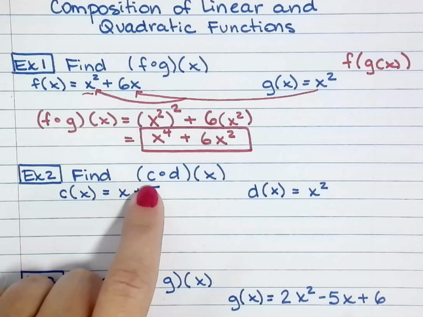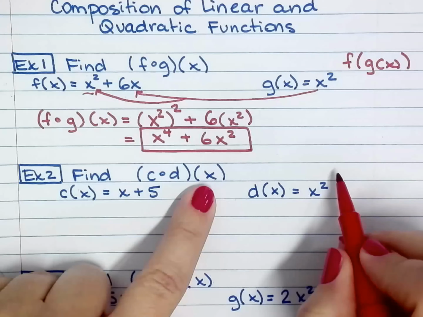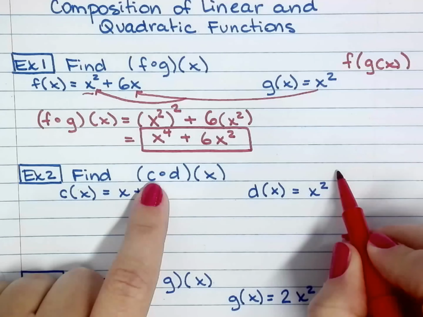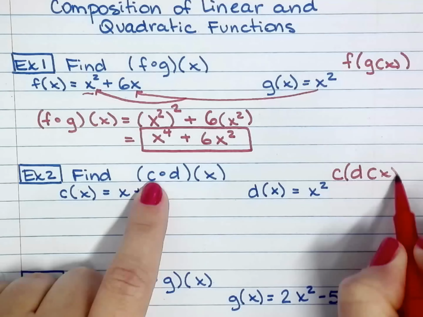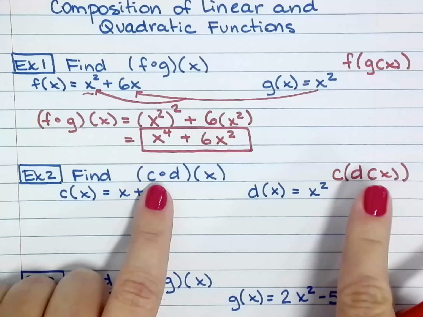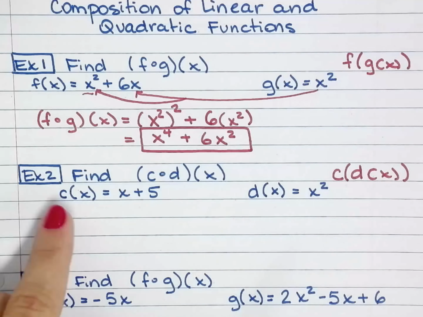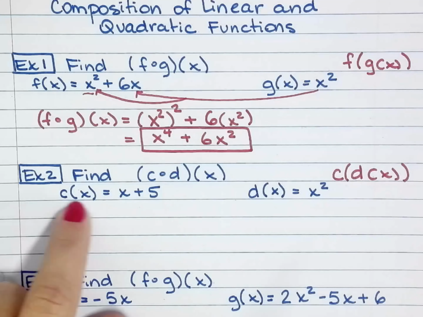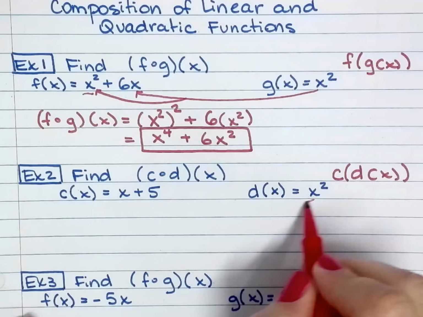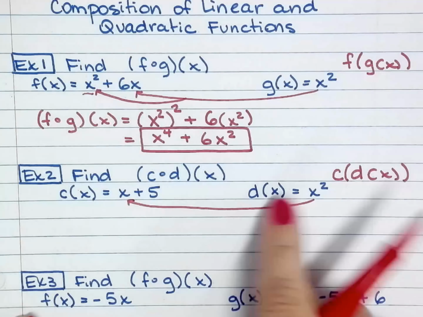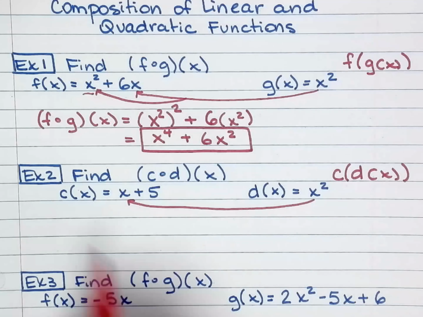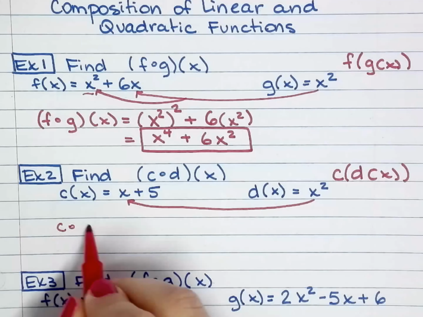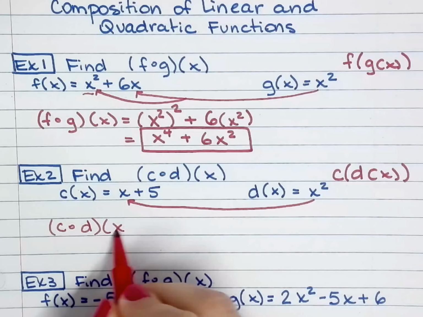C is composed with d of x, or you might see it as c of d of x. They're both asking you to do the same thing. So you're going to start with c of x function, and you will substitute d of x every time you see x in the c of x function. So c is composed with d of x.